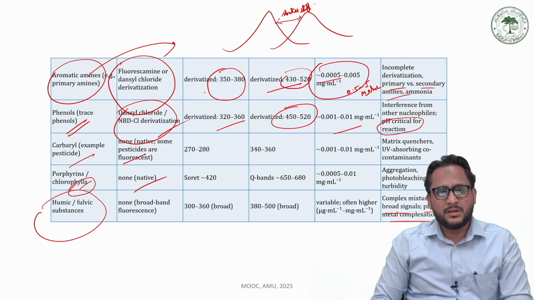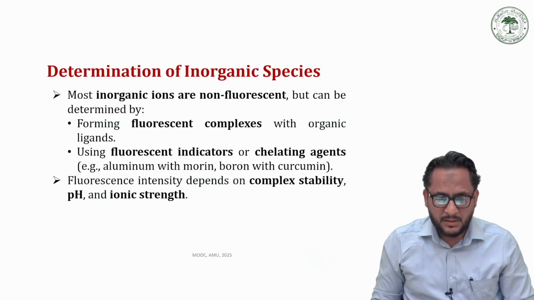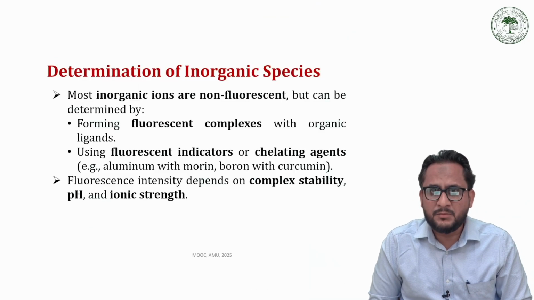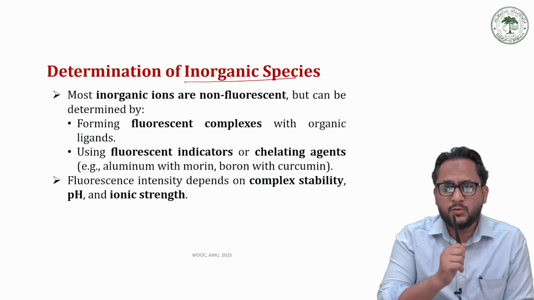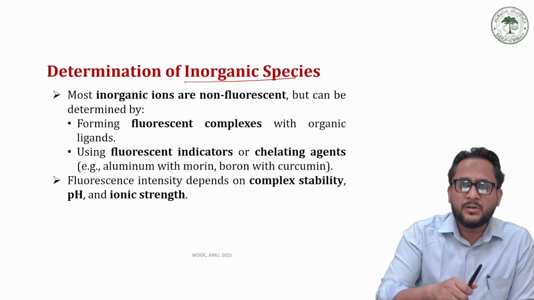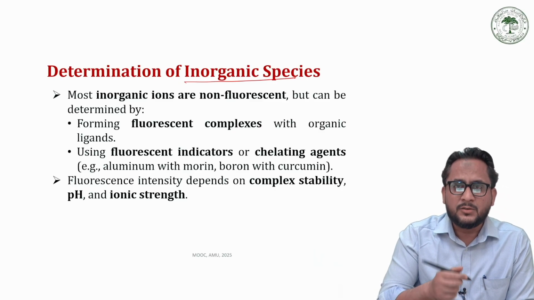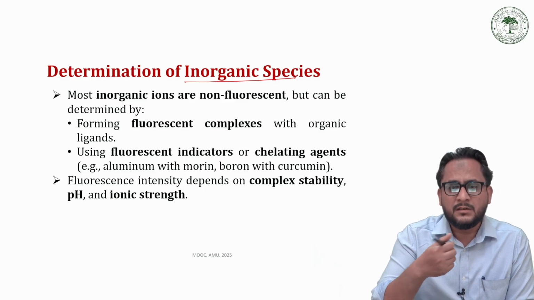Then we'll move to the inorganic ions, which can be studied by fluorescence. Some of those inorganic ions fluoresce, like europium and cerium, but most of them do not fluoresce, and can be detected through quenching. Inorganic species can be identified in two ways. First are those inorganic species that are fluorescent.